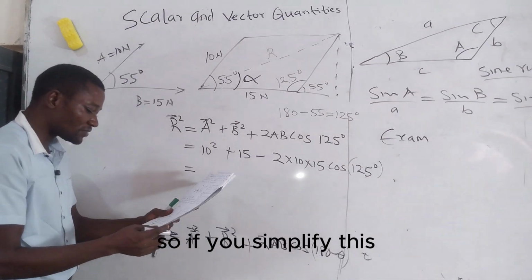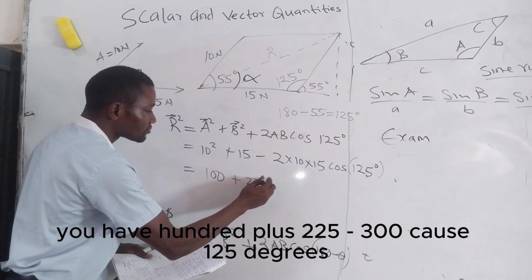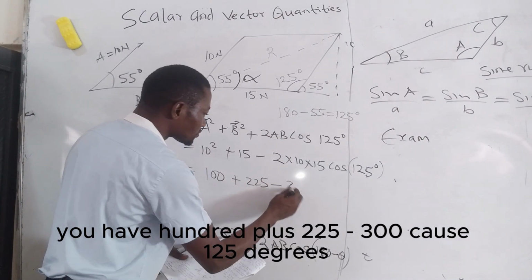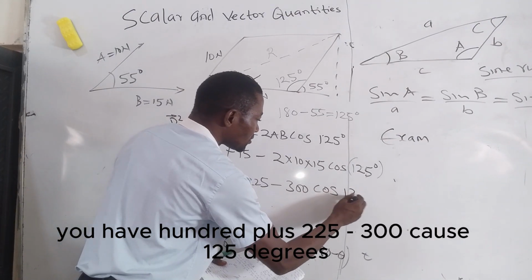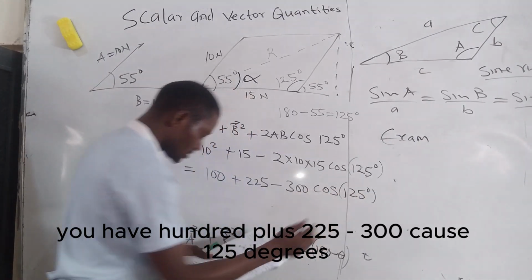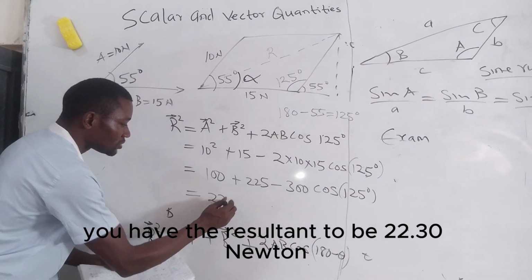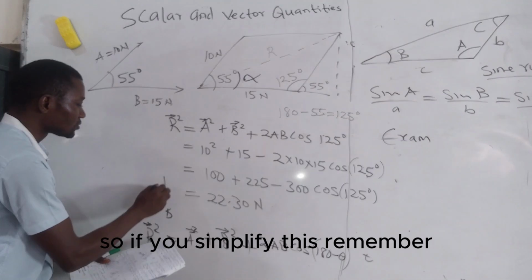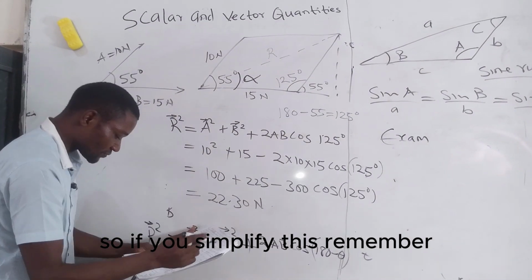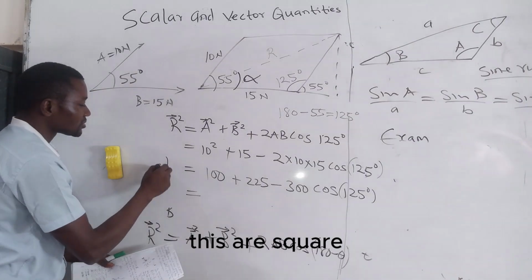So if you simplify this, you have 100 plus 225 minus 300 cos 125 degrees. So if you simplify this, remember, this is R square.